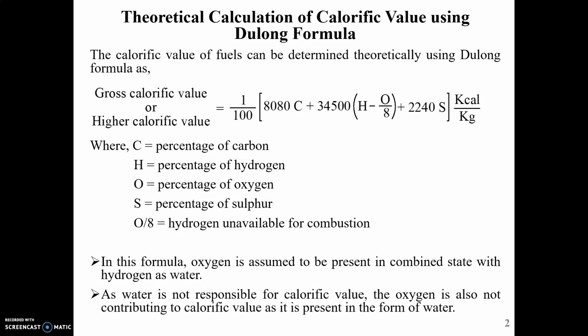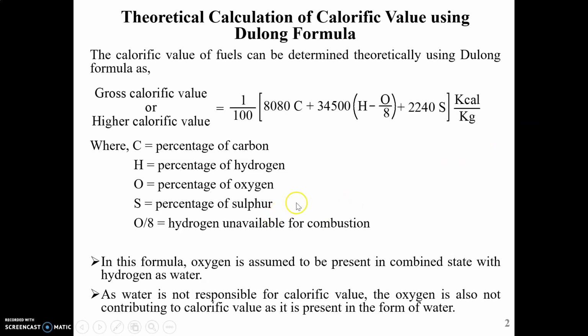Now in this formula, C is the percentage of carbon, H is the percentage of hydrogen, O is the percentage of oxygen, and S is the percentage of sulfur. Here the O/8 is nothing but the amount of hydrogen unavailable for combustion, that is, the amount of hydrogen not contributing to calorific value.